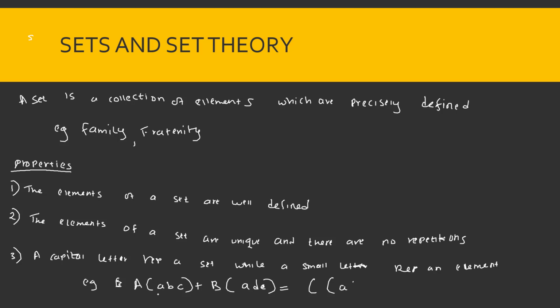Remember we said that there are no repetitions in sets, so we cannot list a twice. So you just take C with elements a, b, c, d and e.